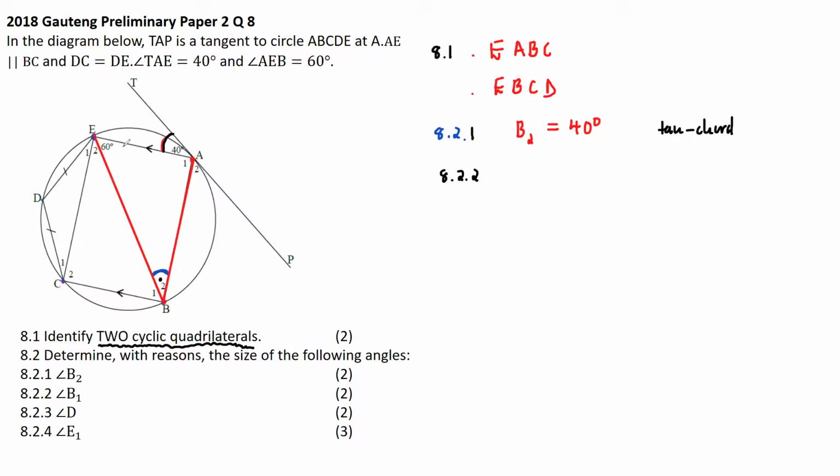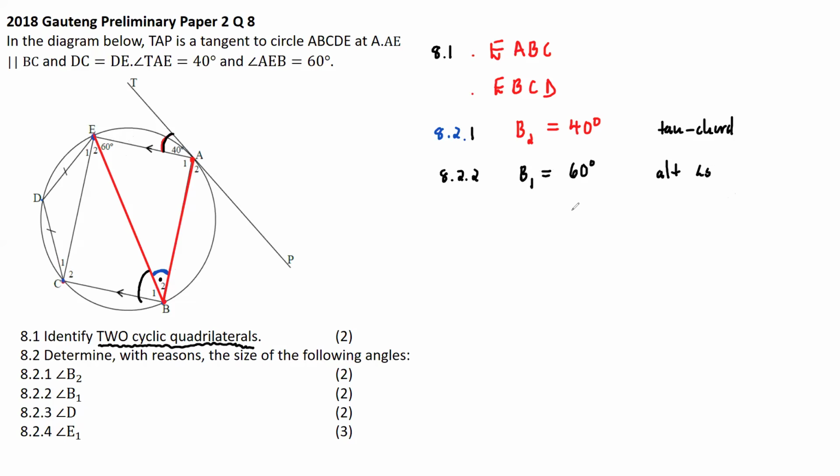I'm ready for B1. I see people are already trying to answer that. I think B1 should be 60 degrees. Why? Alternate angles. So B1 is 60 degrees. It's alternate angles right there, as can be seen. All right, that's B1.